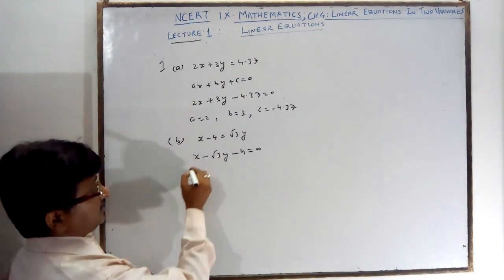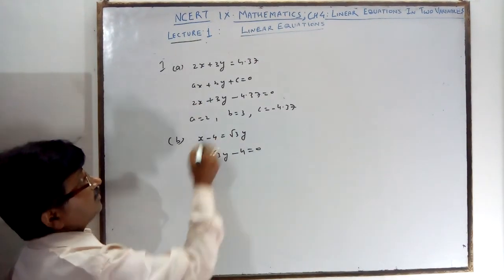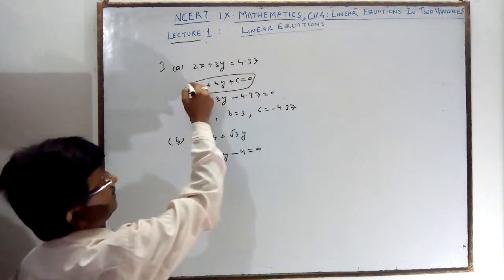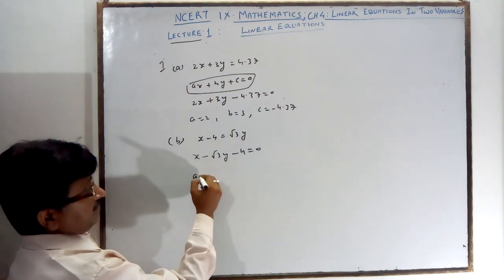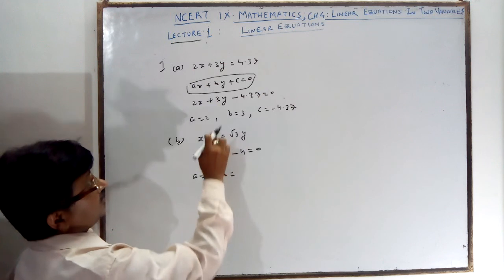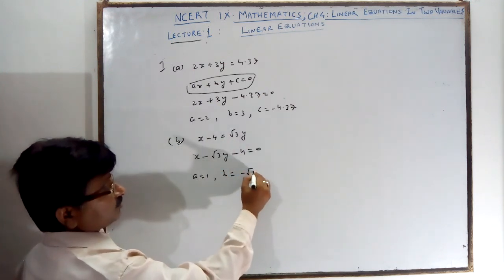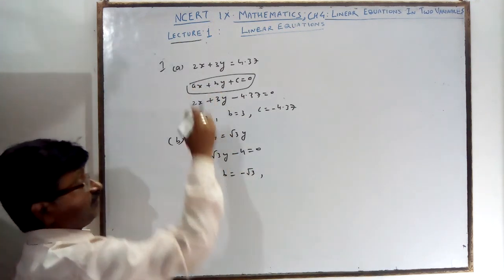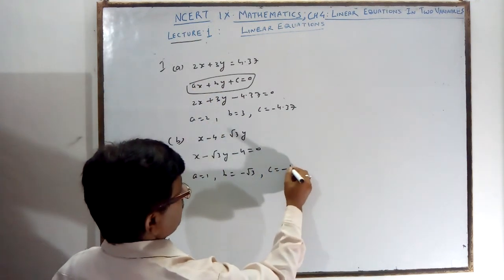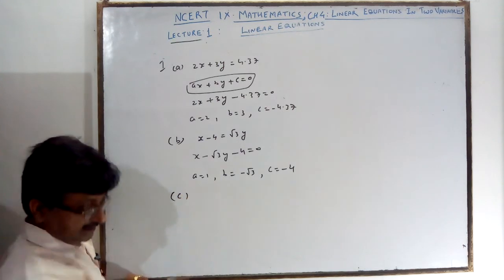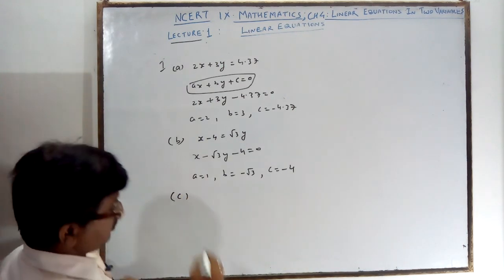Then compare with the standard form. a is equal to 1, b is equal to what? Root 3? No, minus root 3, because the standard sign is plus by. And c is equal to minus 4. It is your answer.